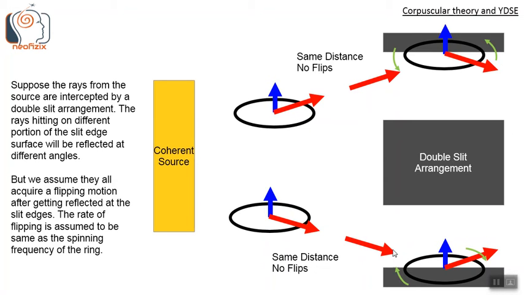All these photons or the light particles which hit these slit edge surfaces acquire a flipping motion after getting reflected at the slit edges. And the rate of flipping is assumed to be the same as the spinning frequency of the ring. So if the spinning frequency of the ring was nu, this flipping frequency will also be nu.